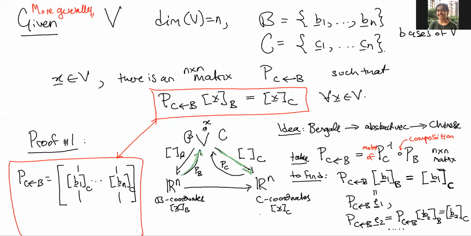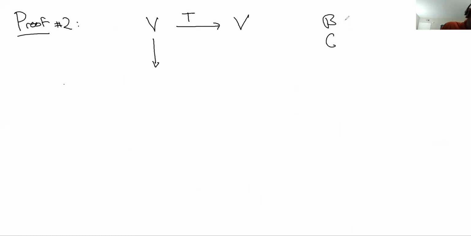Okay, so now, as somebody asked, there's a second proof which is even easier, but more abstract. Recall that we had this picture: you have V going to V, and you have a linear transformation. Now let's say you have these two bases, B and C, and these maps both going to Rn.